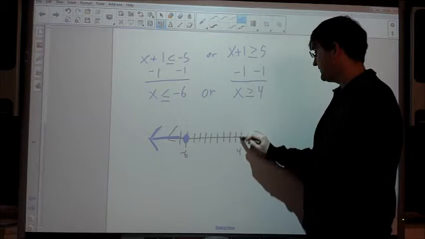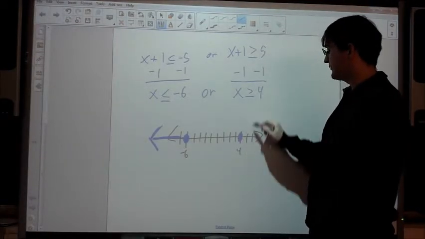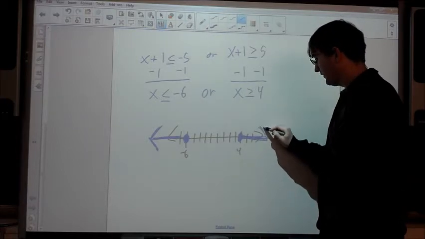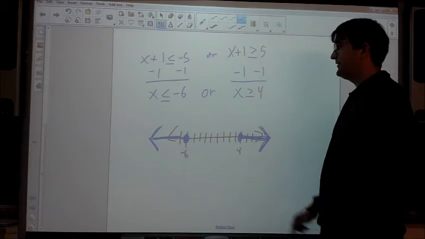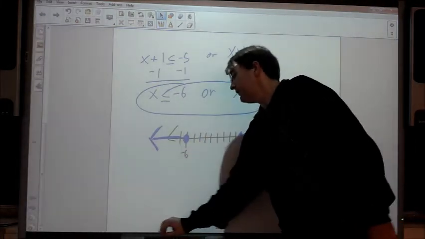And a solid filled in circle at 4, because it's greater than or equal to, and an arrow to the right. And that's my solution. That's my graph. And I'm done.